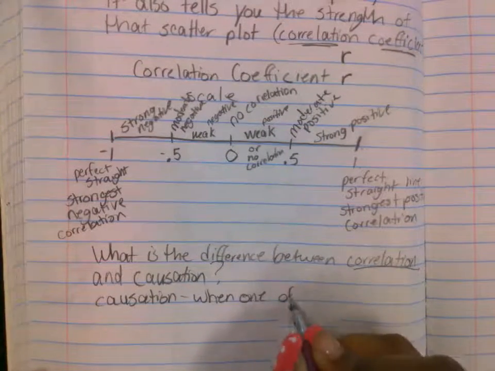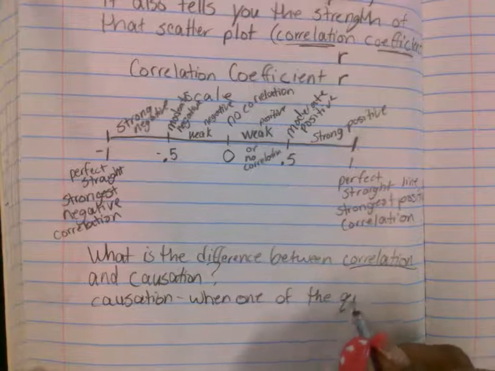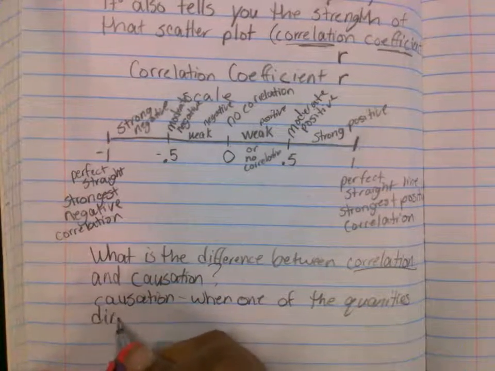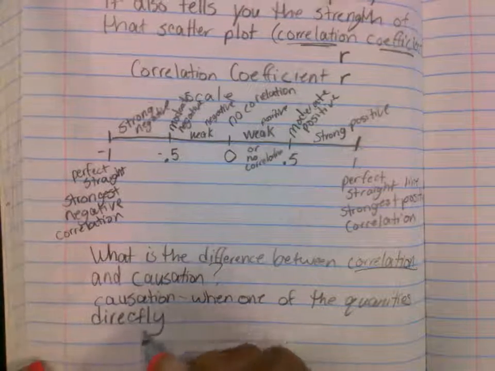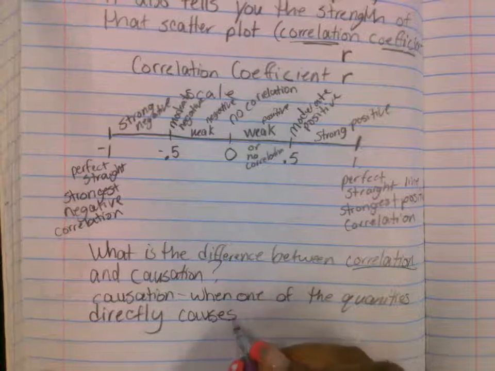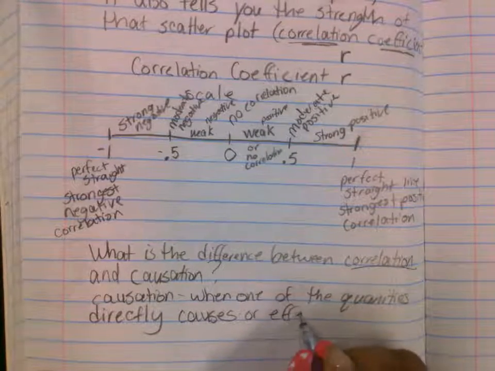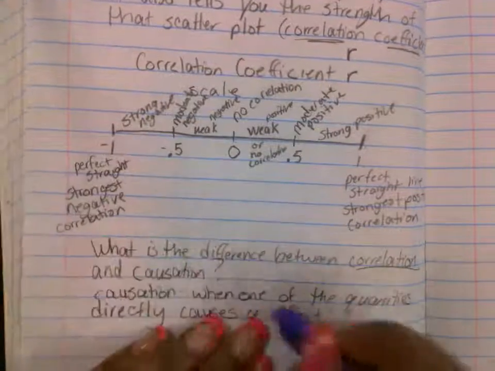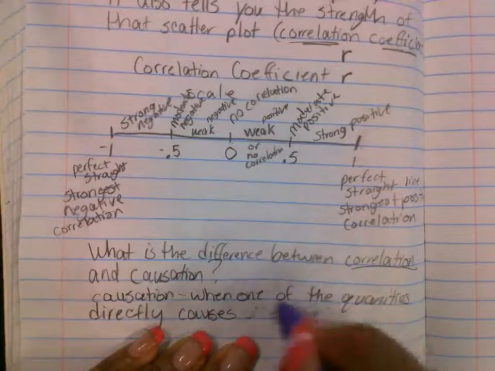when one of the quantities directly, this is super important, directly causes the other. Yeah, it's really causes. I don't want to say effect because it's really causes the other.